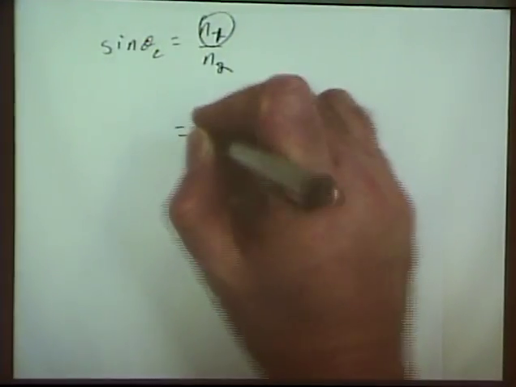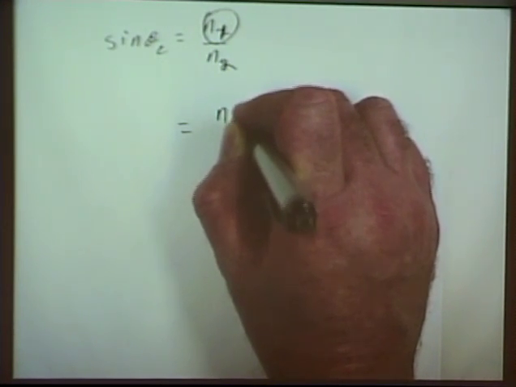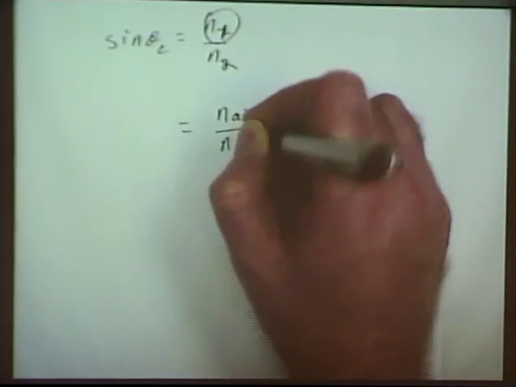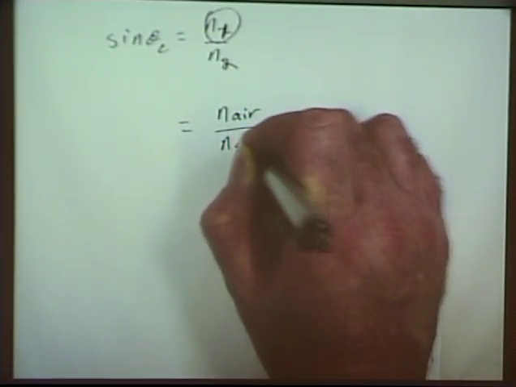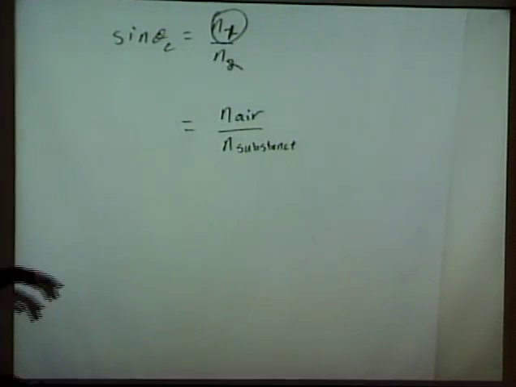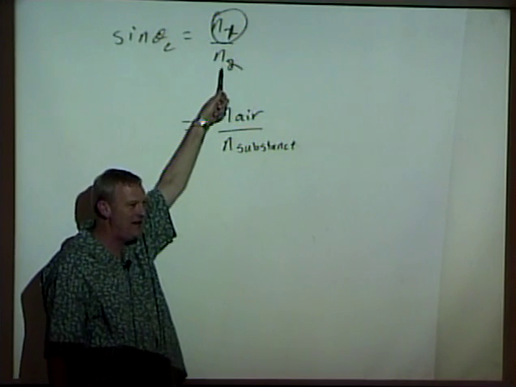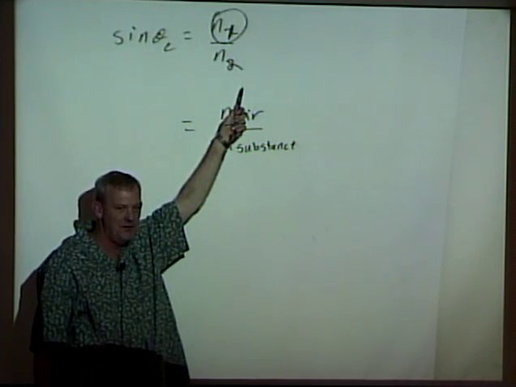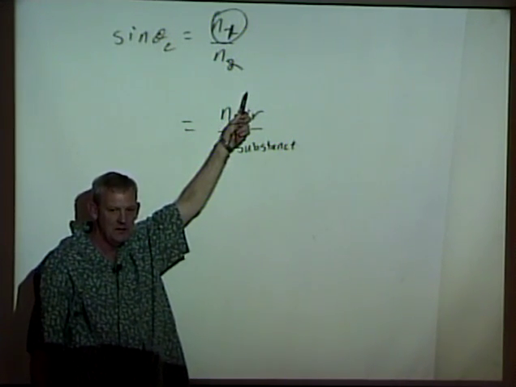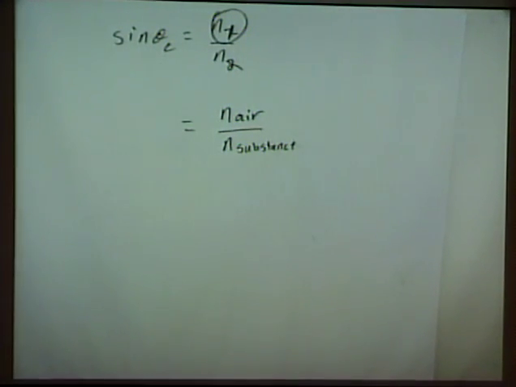So let me write it this way. N of the substance, no, N of air over N of the substance. Because what happens if I have that N2 is greater than N1? What happens? Yeah, it's not going to work. Okay?